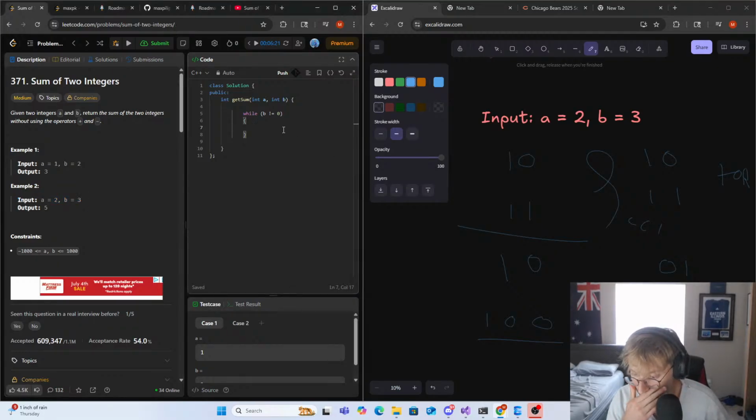So I'm trying to think here. Unsigned carry being A and B, and then we bit shift left by 1.